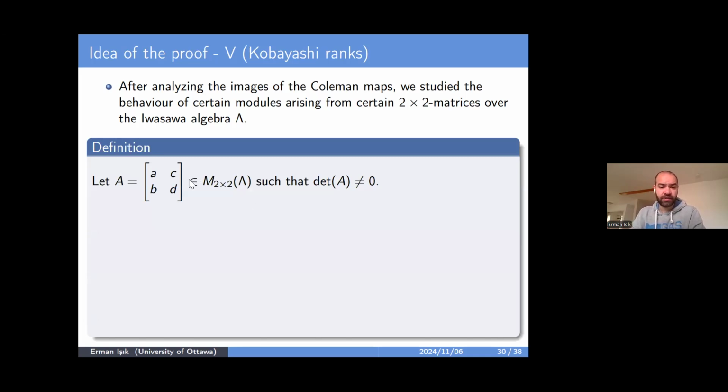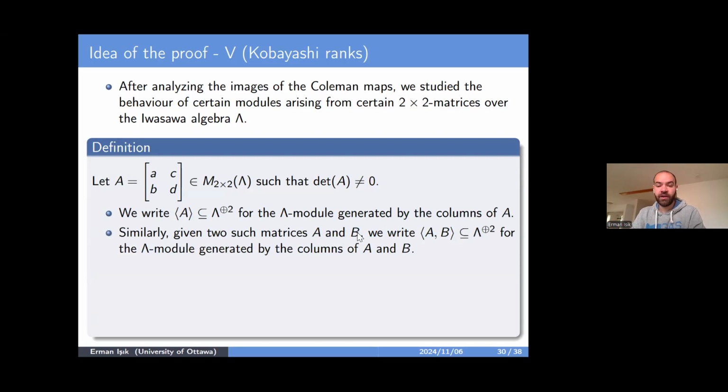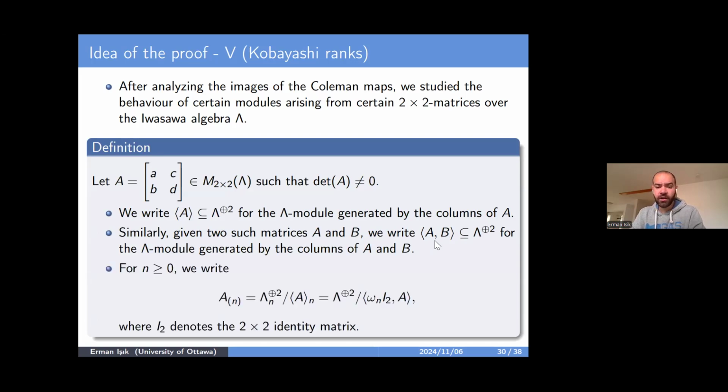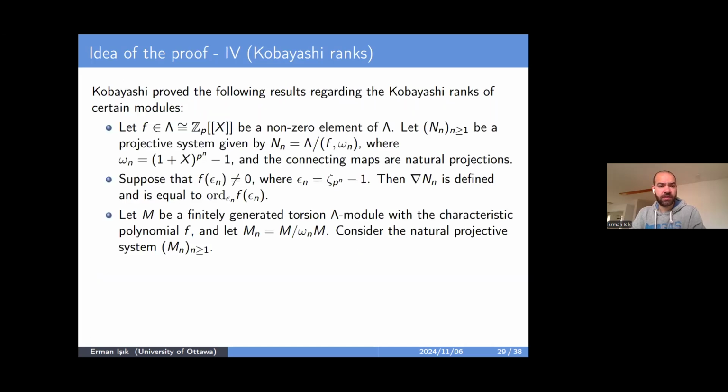We have this matrix, and we define the Lambda module generated by the columns of this matrix. If we have two matrices, we define this in a similar manner. And we define this projective system basically by taking this quotient. Here, omega is the polynomial that I mentioned a few slides back.